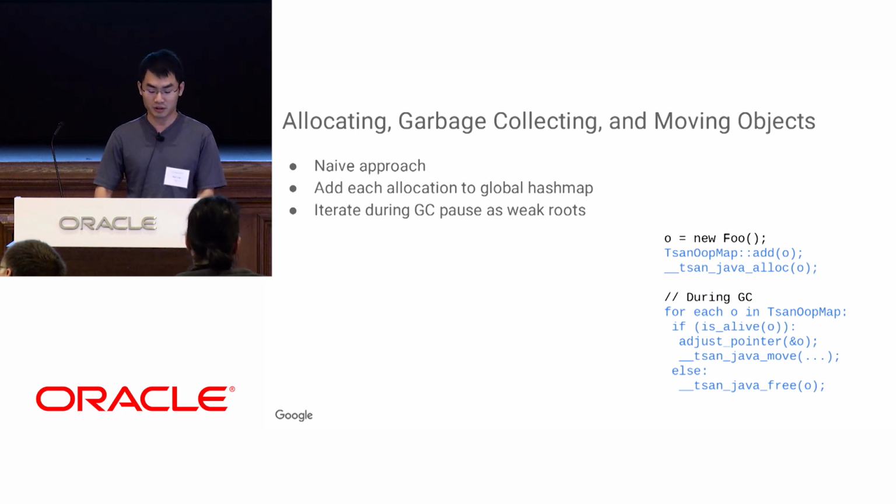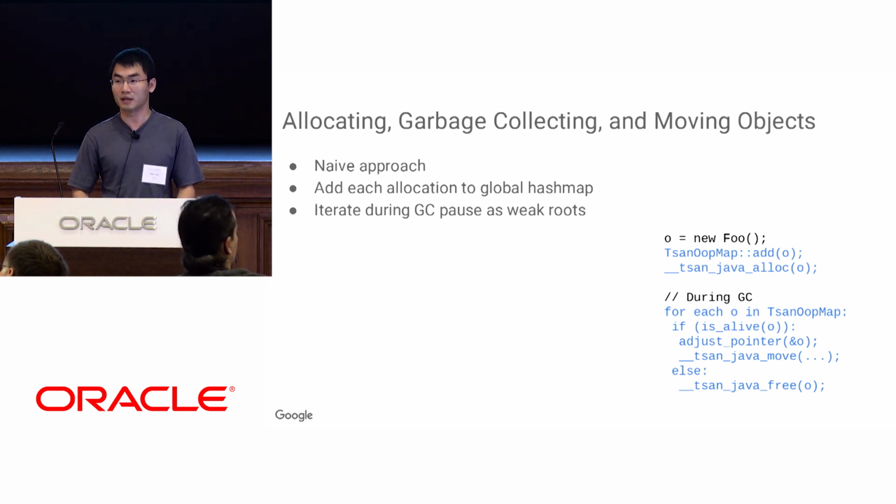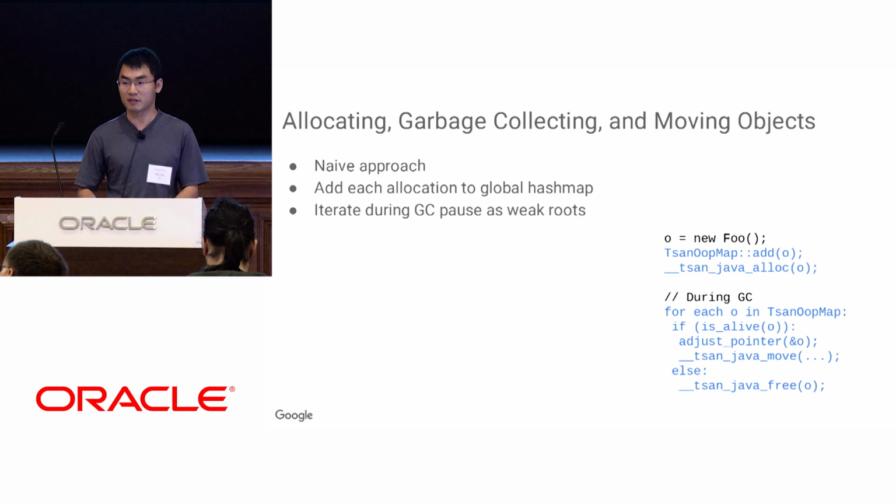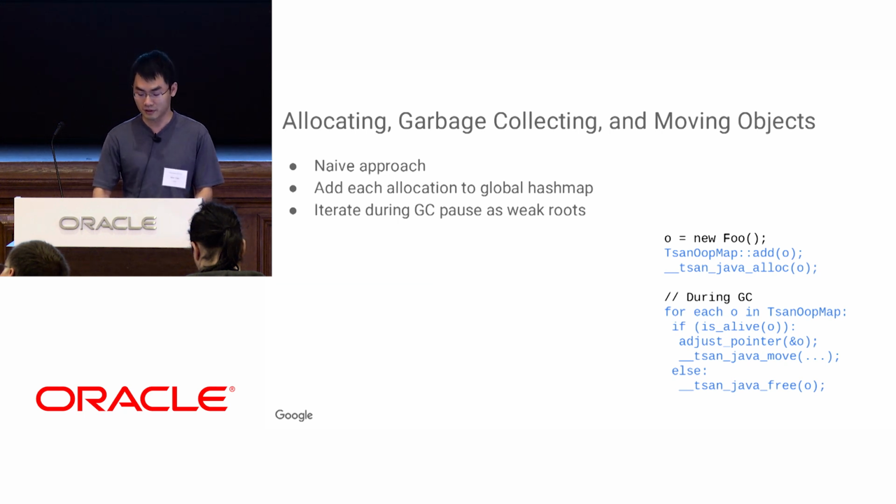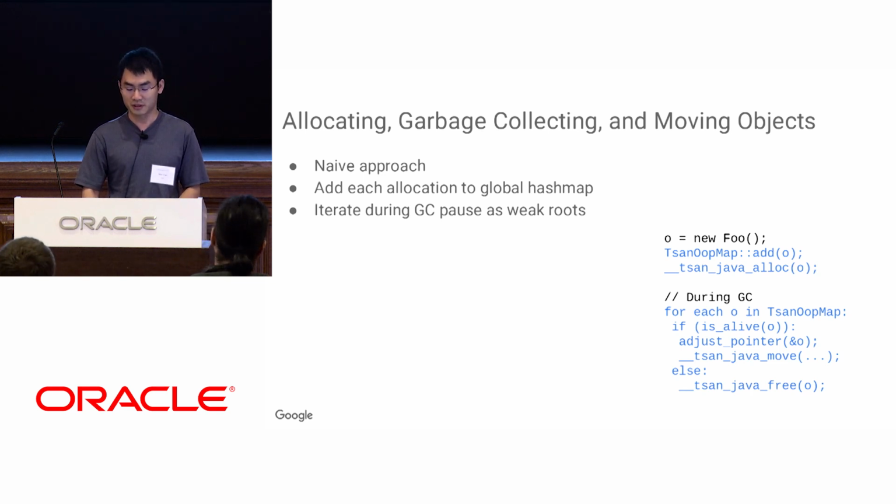A better approach: when the garbage collector moves the object during the GC, you just call the TSan Java move at that point. Then it's better, you don't need to track all the allocations. However, that does not solve the other problem, which is that you need to call the TSan Java free, which tells the TSan runtime to free the metadata for race detection on that object.